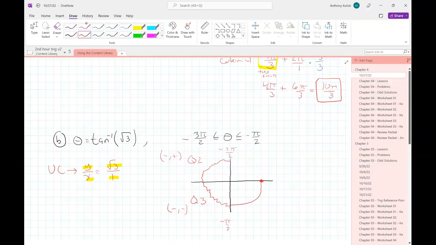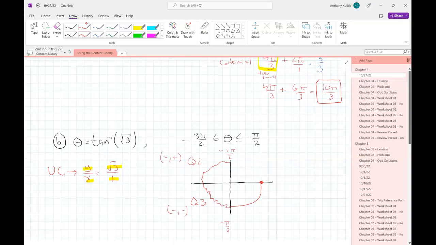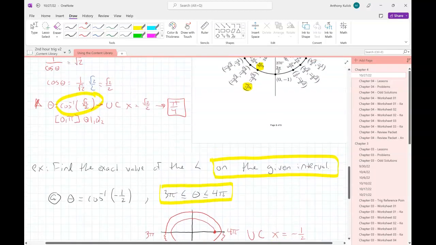Uh-oh, did I make a mistake? No. Well, in quadrant 3, where both of them are negative, what's negative divided by negative? Positive. So I really should be looking in quadrant 3, right? Okay. So I'll go to quadrant 3.